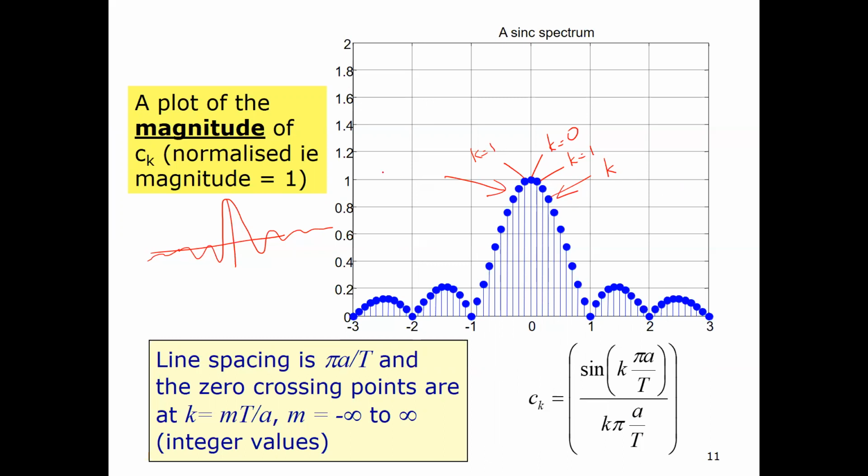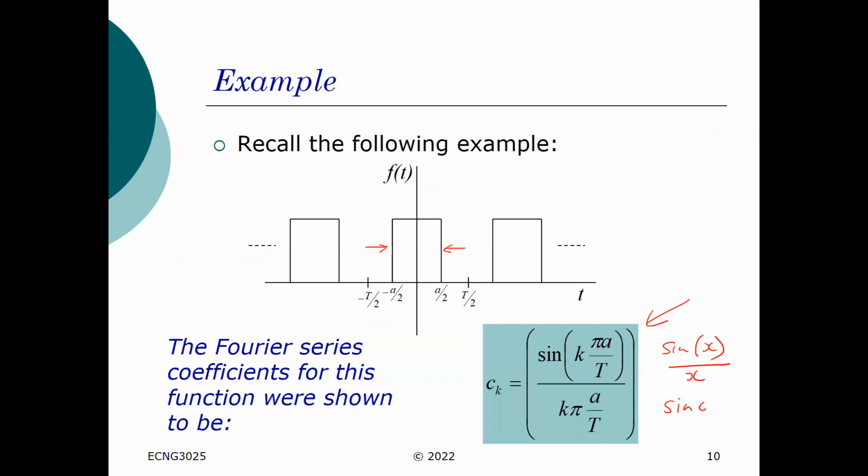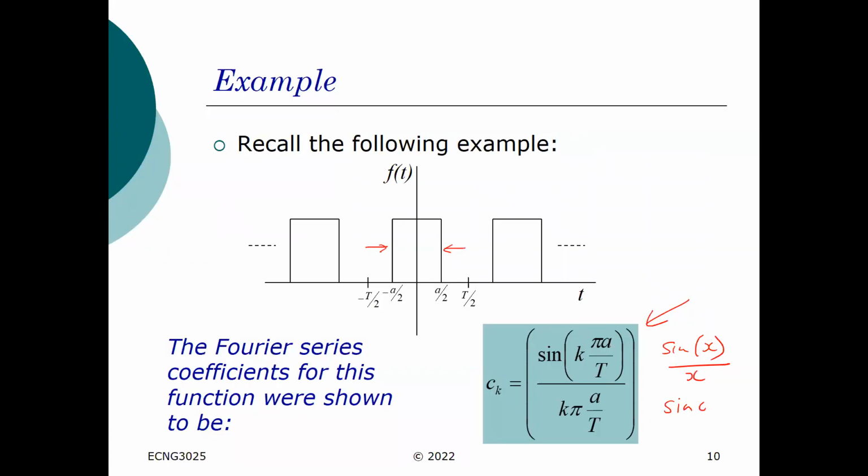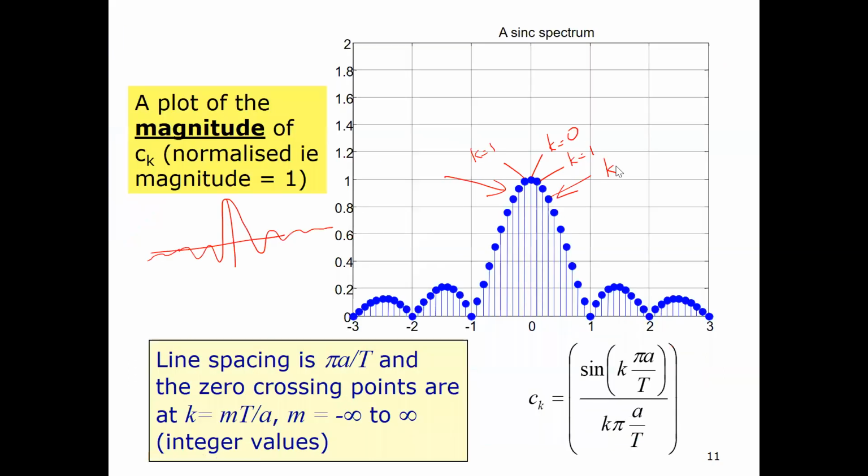So for this kind of waveform, notice this is continuous time. Notice that this spectrum is discrete, and the spectrum only has values at these points.